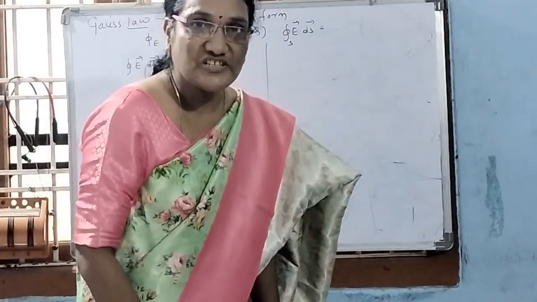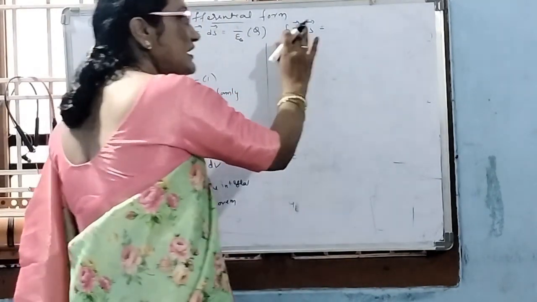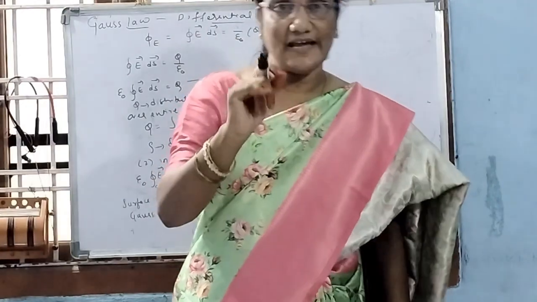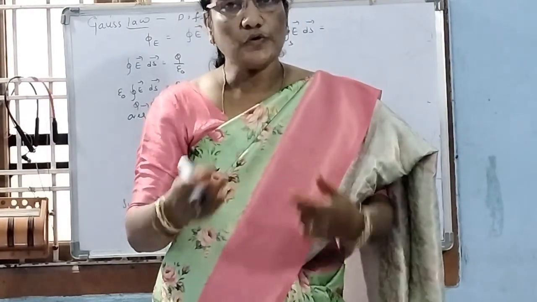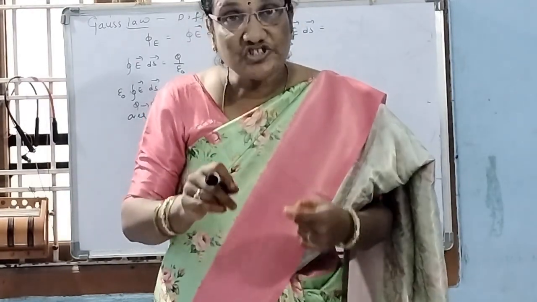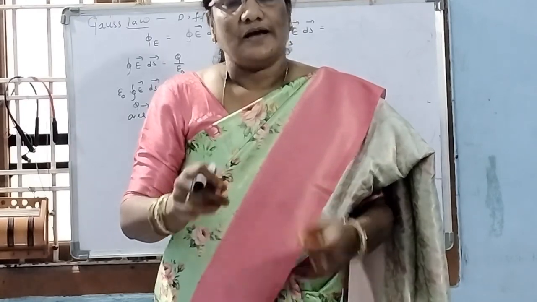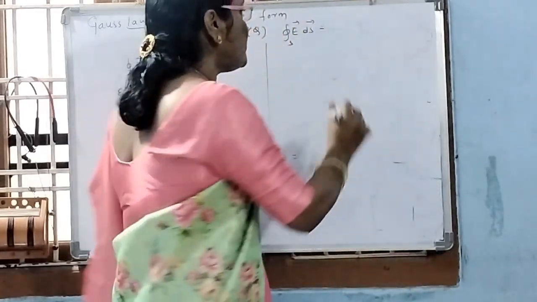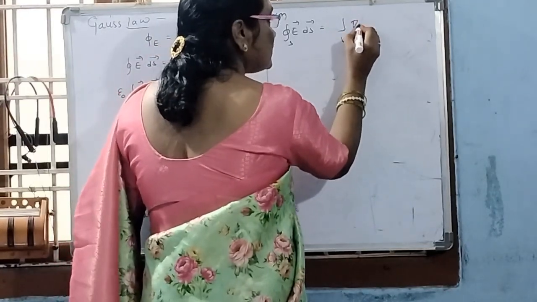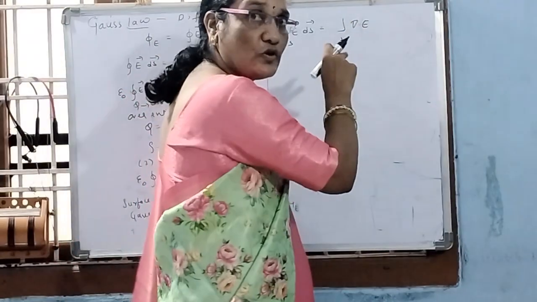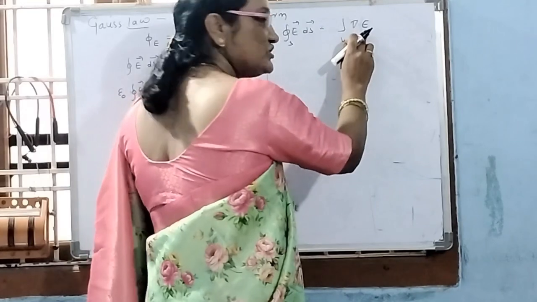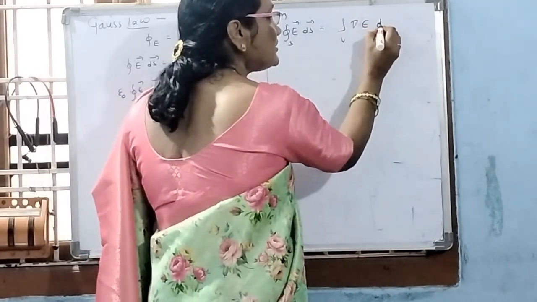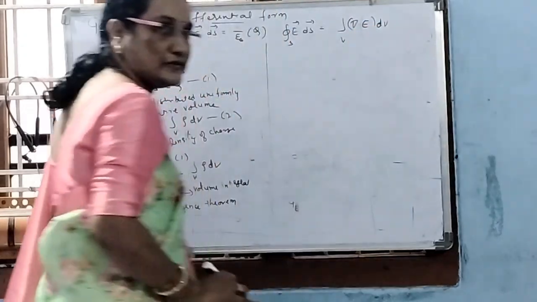How will we convert? By using Gauss divergence theorem. What does Gauss divergence theorem say? The surface integral of any vector is equal to the volume integral of the divergence of that vector. Here we are talking about the electric field, so it is the volume integral of the divergence of the electric field.